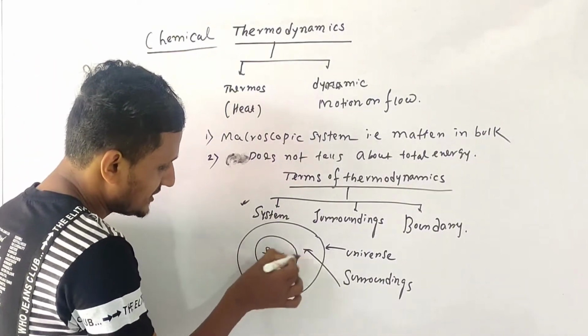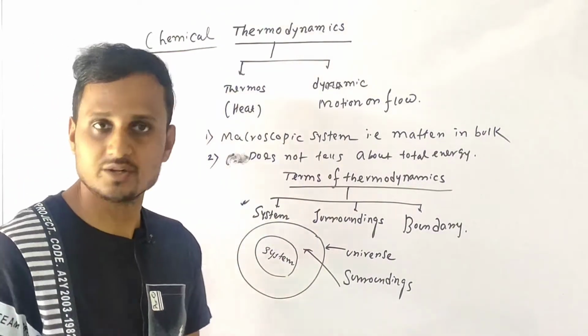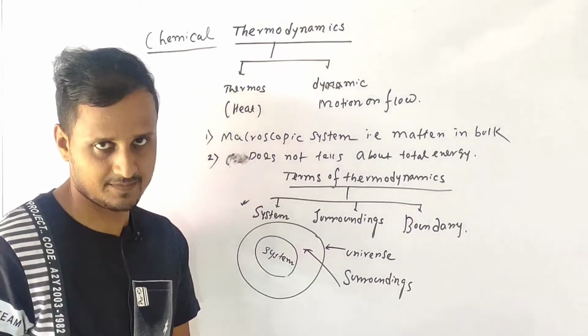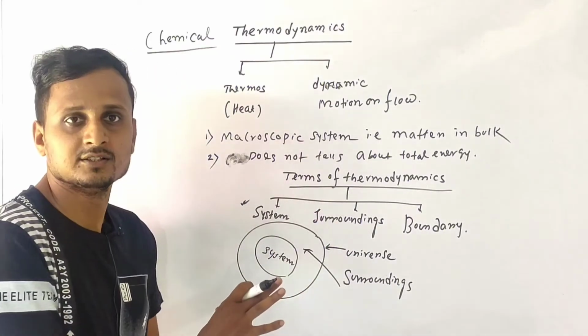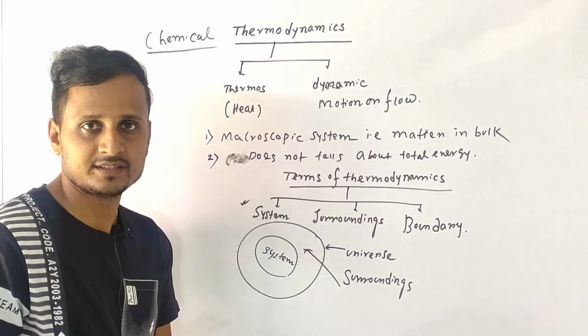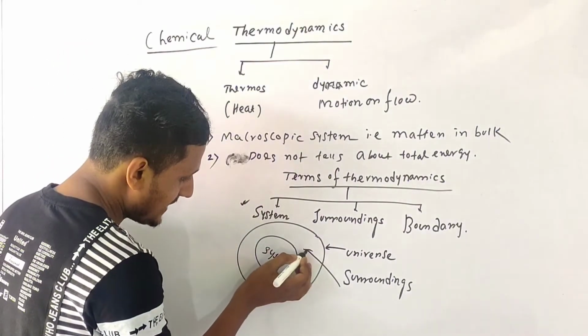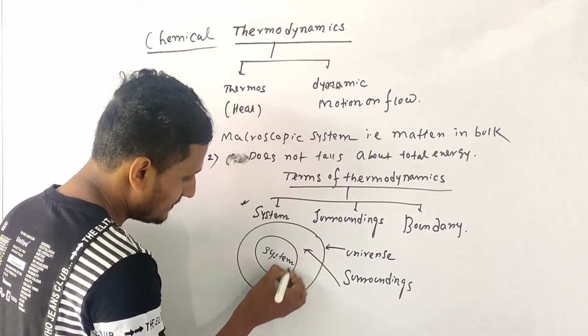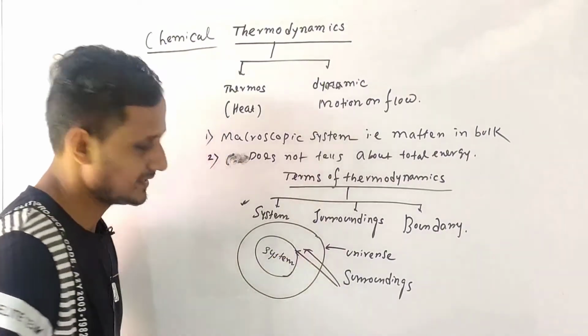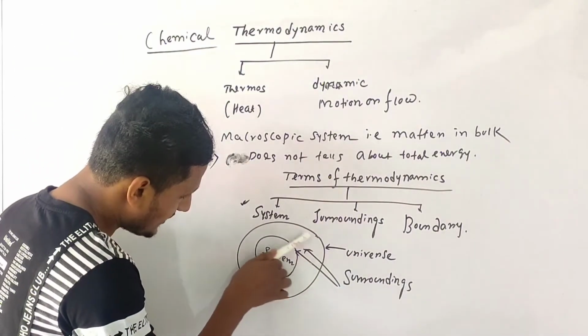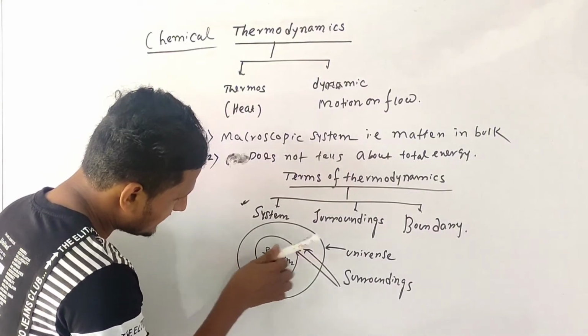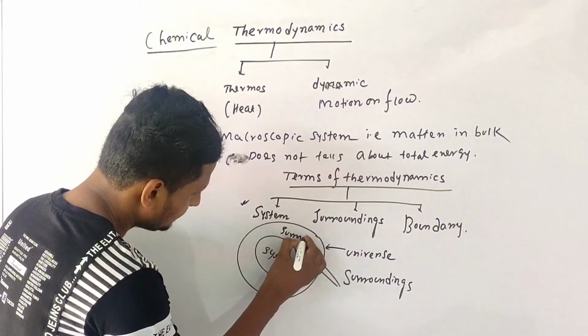So the system is the part of the universe, and apart from the system, the other part which is neighbor to the system is called the surroundings. You can see here that the system and the surroundings are separated by a wall.